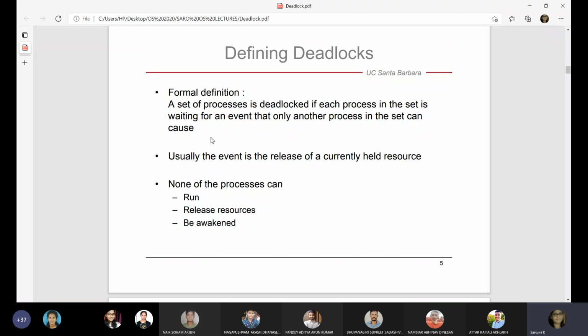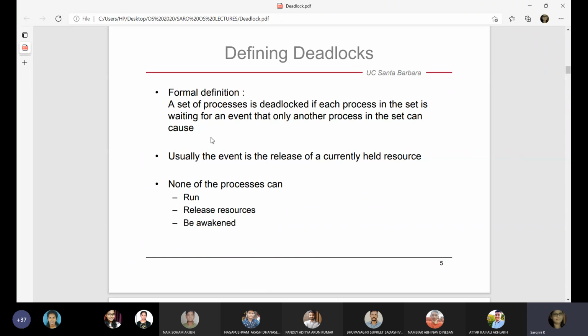A is waiting for B to release a resource. B is waiting for C to release a resource. C is waiting for D to release a resource, and so on. The chain will be formed. We have taken simply 2 processes; I am now talking about multiple processes: A, B, C, D, E, F. A is waiting for B, for B to release one particular resource.